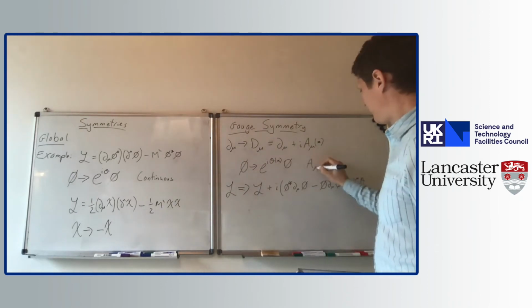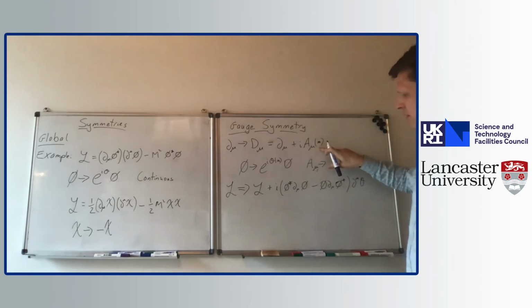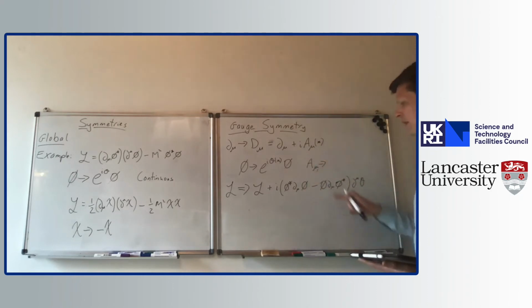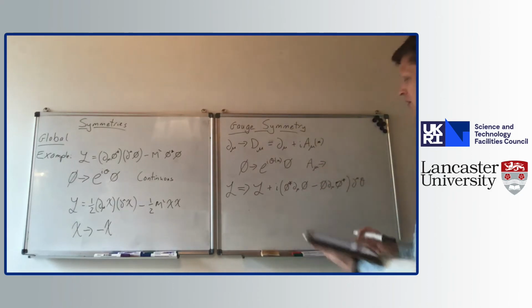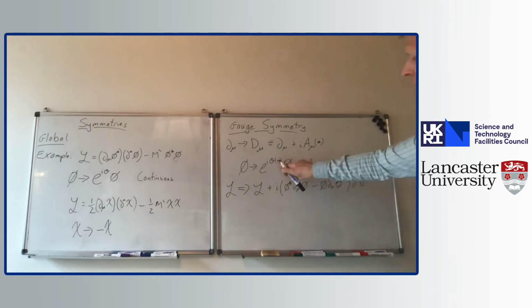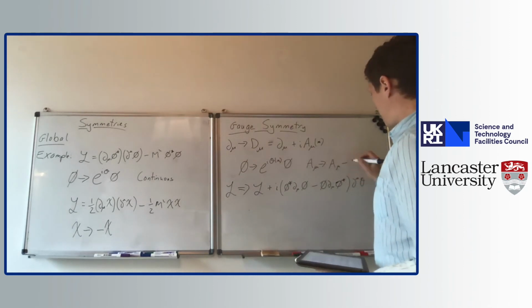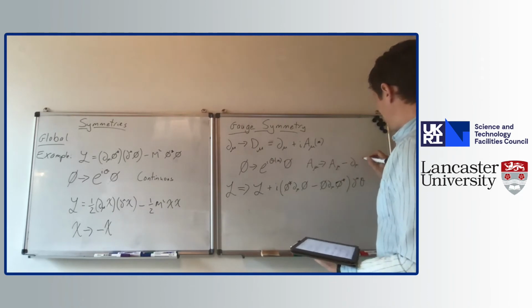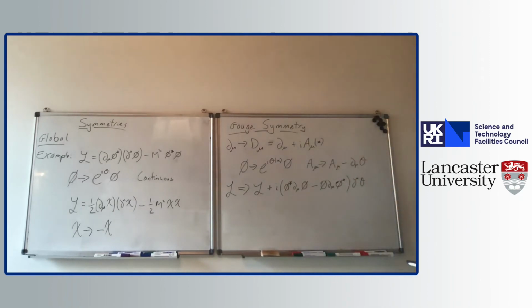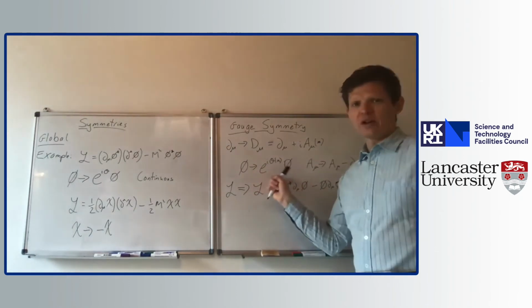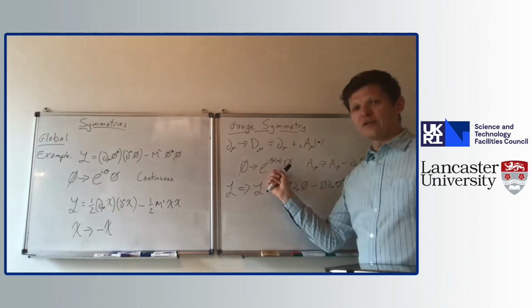So A mu goes to A mu minus d mu of theta. I will drop, for the most part, the space-time coordinates in brackets, because there's really no point writing them out over and over again. This is just a little reminder that it's also a function of the space-time coordinates. So now our symmetry transformation is that we define a local U1 transformation on this field.